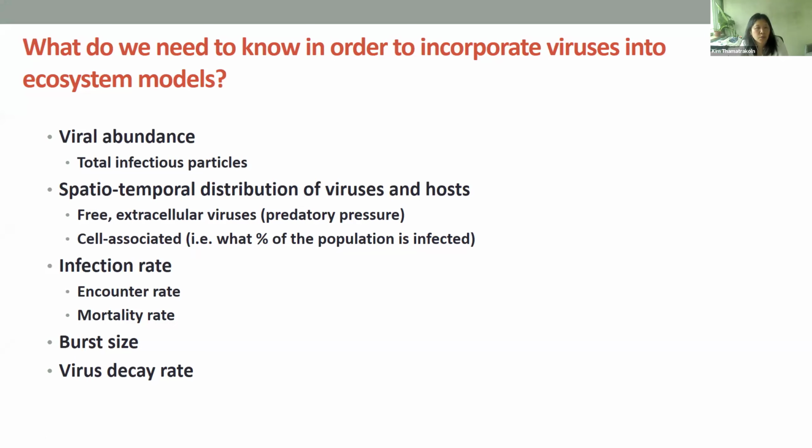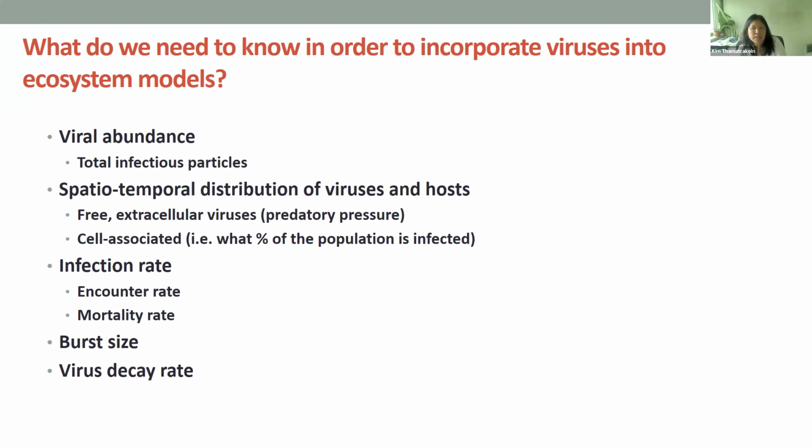They don't really get at the total infectious particles. And so knowing how many viruses are actually capable of infecting a host is important. We need to know the spatiotemporal distribution of viruses and their hosts, so where they are and when. Infection rate, which includes the encounter rate, so how frequently a virus will encounter a host, the rate of mortality, how fast a virus can actually kill its host, burst size, the number of viruses produced by a host, and then the virus decay rate, so how quickly viruses actually decay.